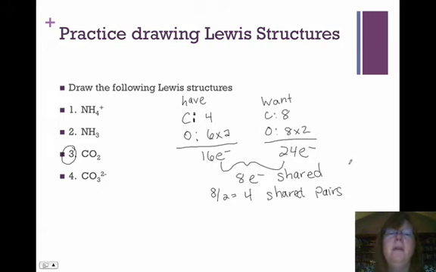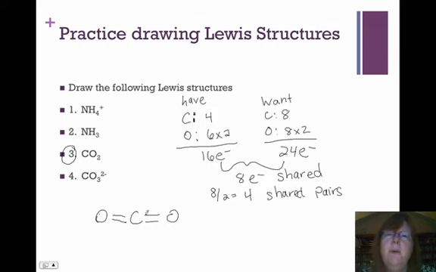Now the electronegative elements are on the outside of the molecule. So we're going to put carbon in the middle, and we're going to put oxygen, because it's more electronegative, on the outside. So now you just draw your skeleton, 1 carbon and 2 oxygens. We need 4 shared pairs. Well, there's 1, there's 2. For 4 shared pairs, we're going to come in and draw double bonds.